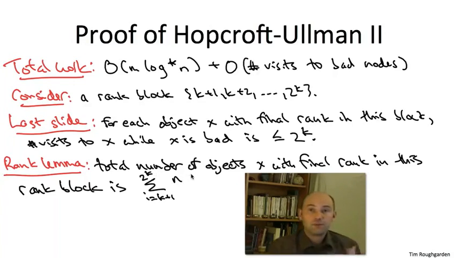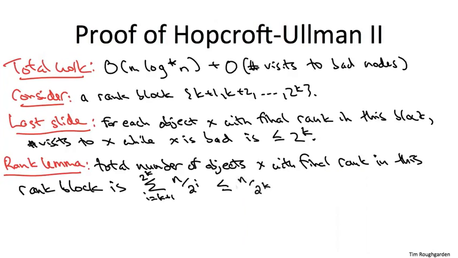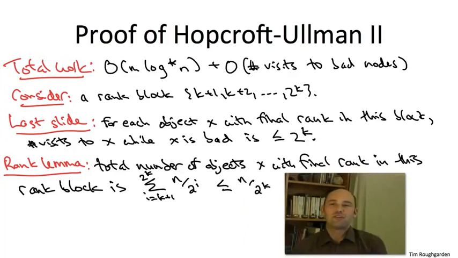By the rank lemma, for a given value of i, we know there's at most n divided by 2 to the i objects that eventually wind up with rank i. And by the usual geometric sum, this whole thing can be upper bounded by n divided by 2 to the k. So this is now starting to look like a magical coincidence, though of course we made a number of definitions in the analysis.